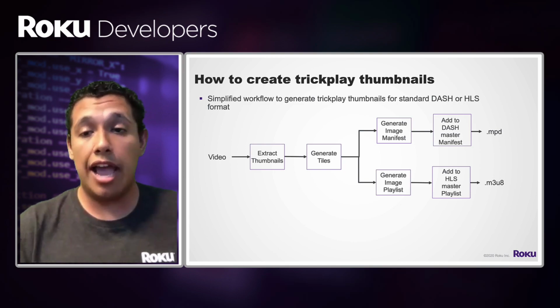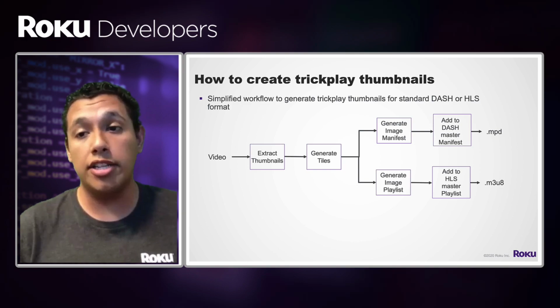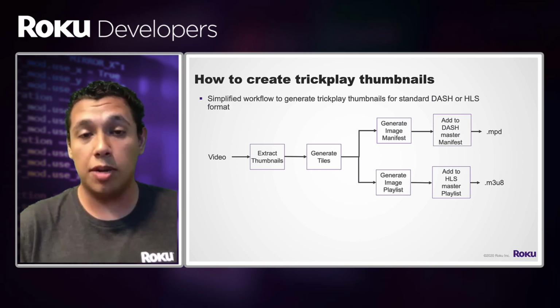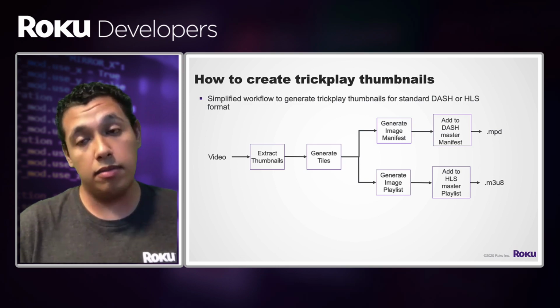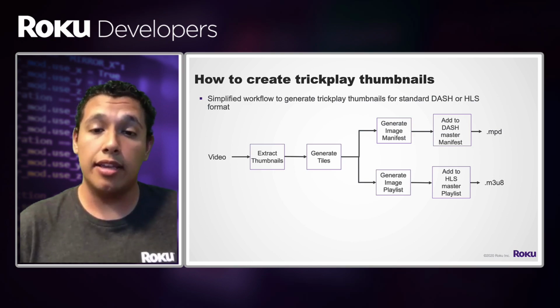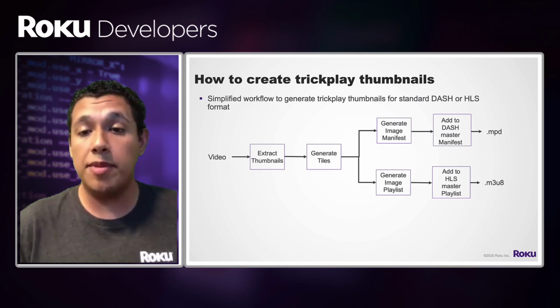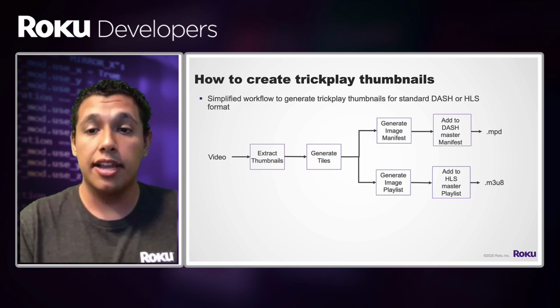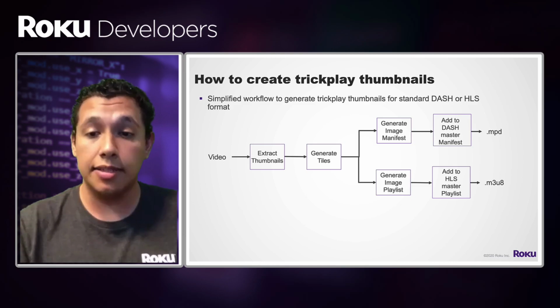Once you have all these thumbnails generated, you would need to create the tiles to stuff all of those thumbnails inside of. And depending on whether your channel is using Dash or HLS, you would need to create the actual individual image manifests that go along with their particular standards and add them to the master manifest.